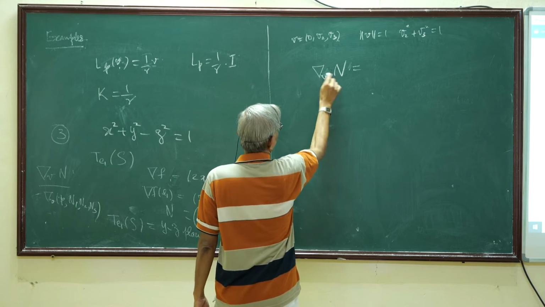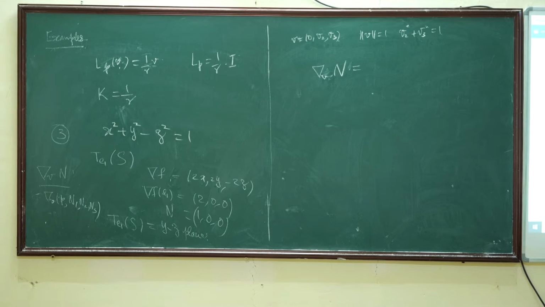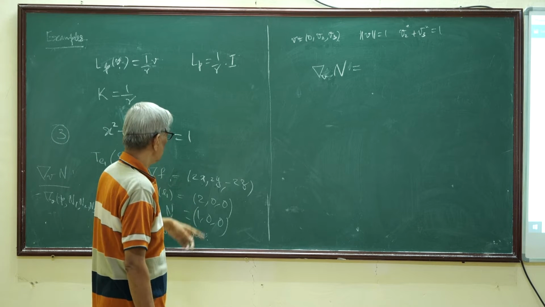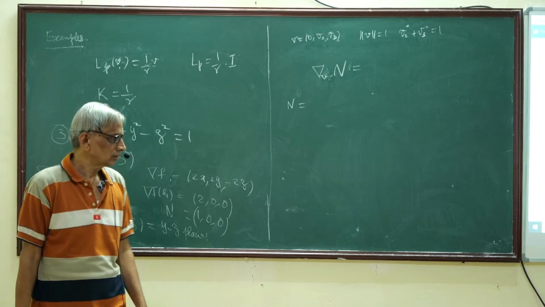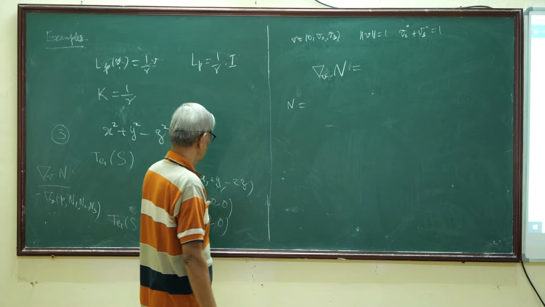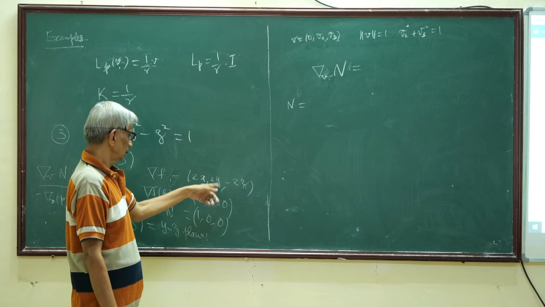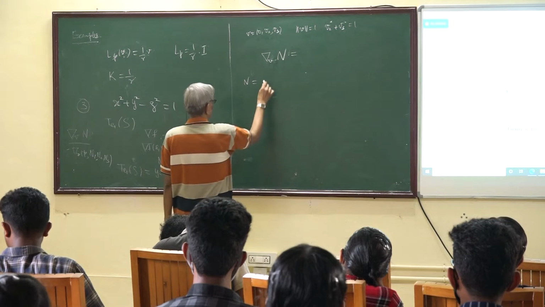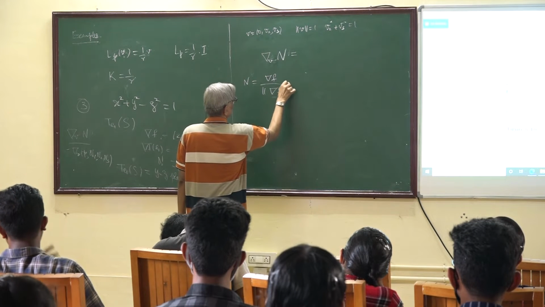P is e1, right? Okay. So what is the directional derivative of N? So what is N? Write down N from this. And then of course you have to evaluate at P. What do you get?